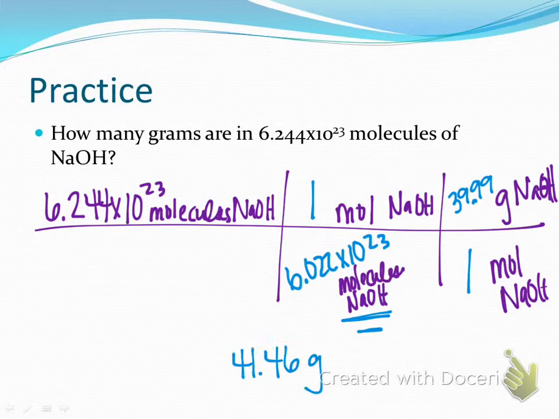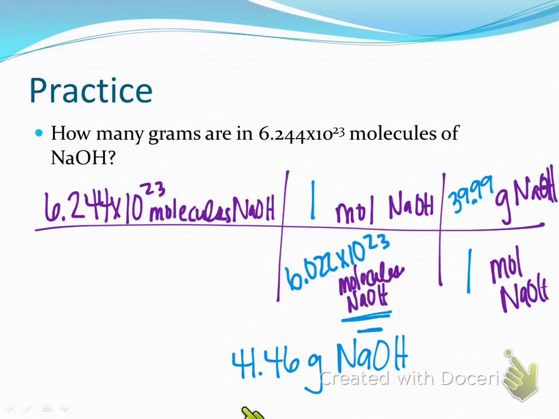That's right. Put the NaOH on every single one. For these problems, it's not as important. When we start getting into using multiple compounds, it's going to be really important. So I just want you to get the habit started now.